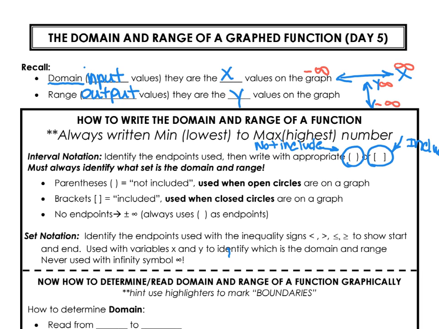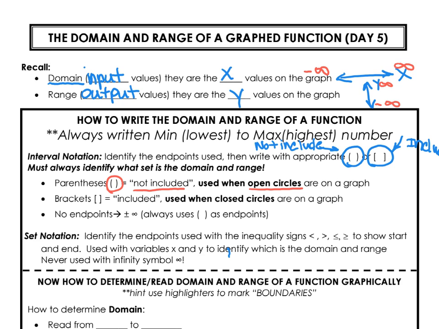Okay. You must always identify what set is the domain and the range, because if you just write two intervals, the person grading your paper or reading your paper does not know which one is which. Okay. Here's what I just talked about, is that the parentheses don't include or not include. You use them with open circles on a graph.